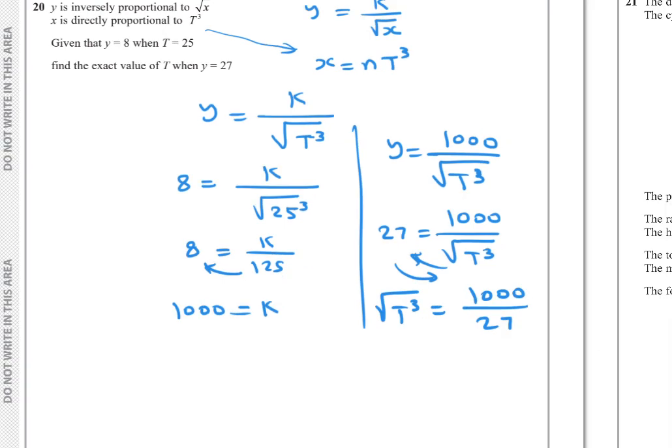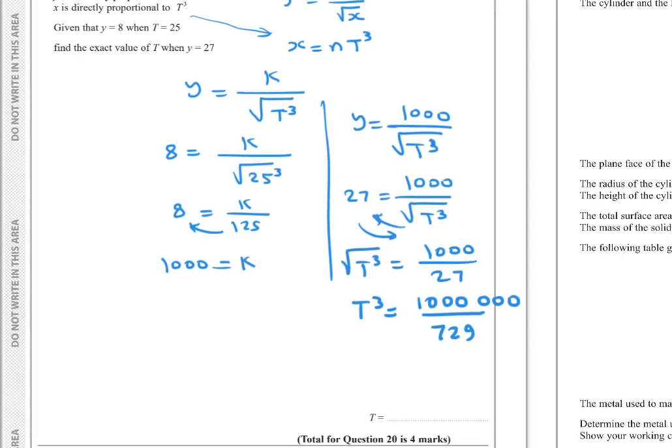Square both sides. So t power 3 equals 1 million over 729. Now take the cubic root to find t. So t equals 100 over 9.